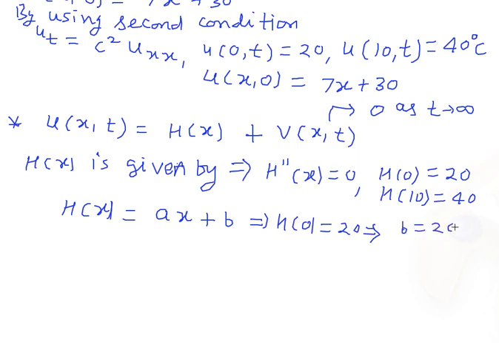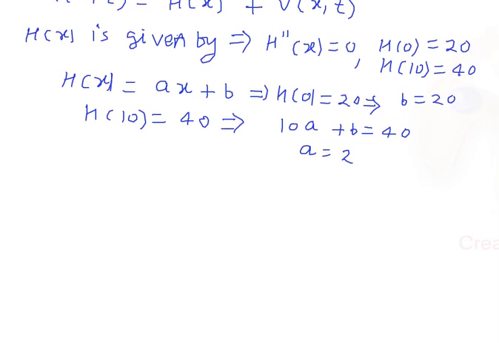Then putting h(10) equal to 40 means 10 times a plus b equal to 40. You know b is 20, so 20 will cancel. That means directly we can write a is 2. So h(x) is 2x plus 20.